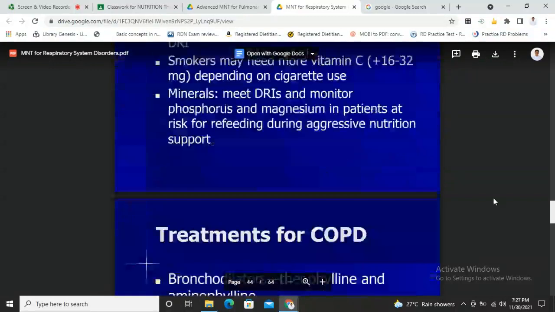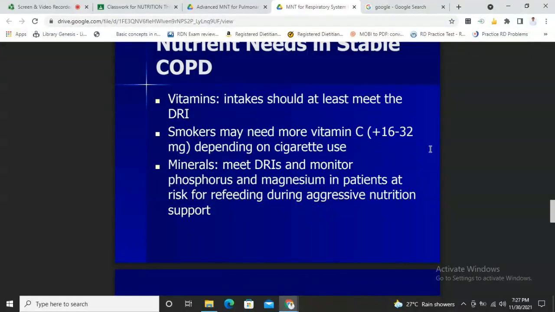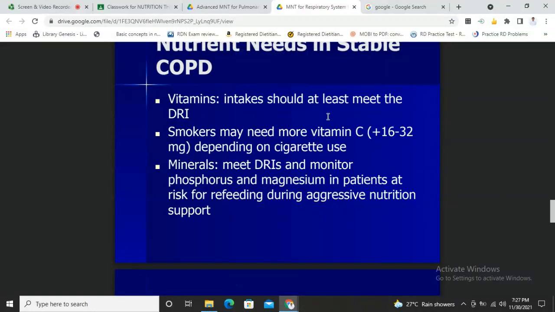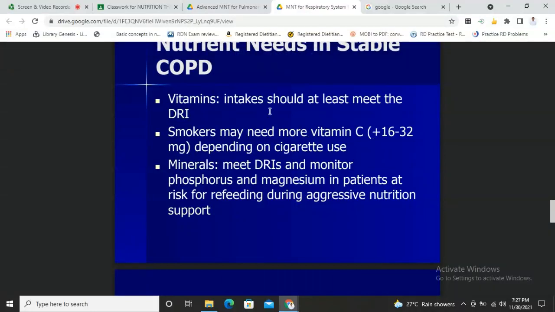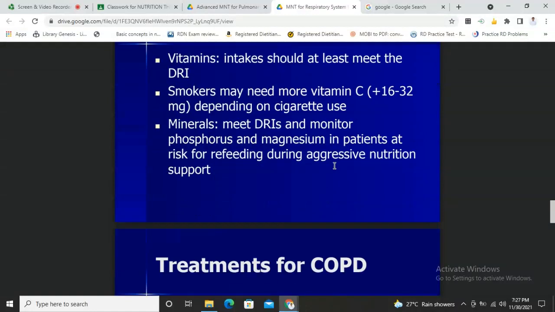So, for smokers, the vitamin C should be increased. This may come up as a question: which vitamin should be increased for smokers? So, the answer is vitamin C. Increase it, like double the RNI.